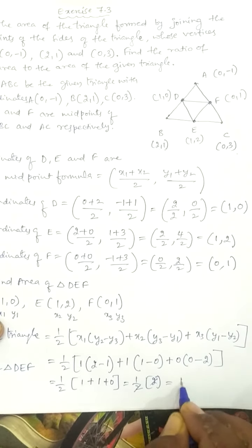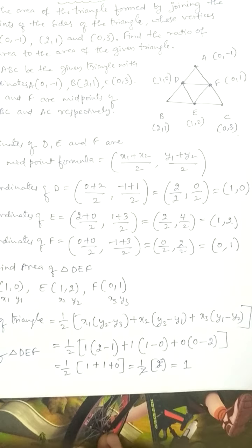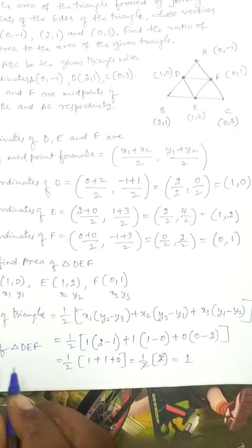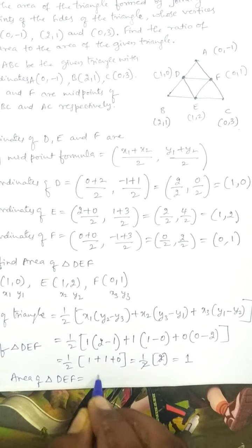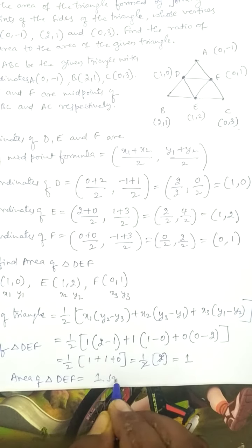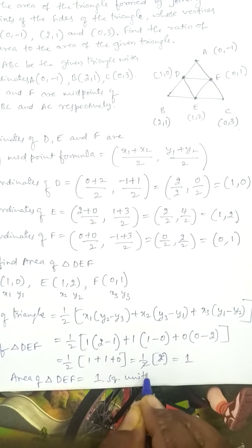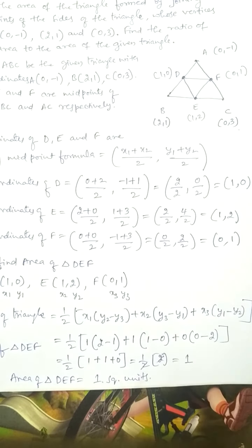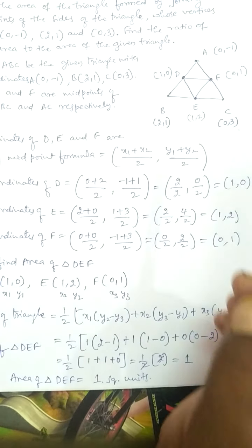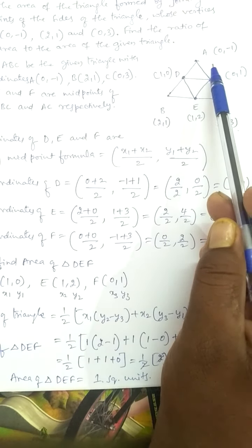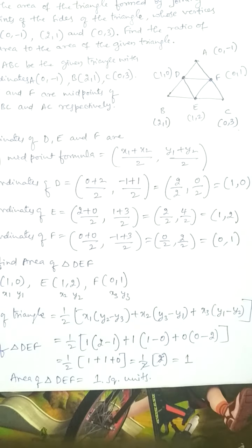So what is remaining? Only 1 is remaining. Therefore area of triangle DEF is equal to 1 square units. So now we got the smaller triangle DEF area. Now we have to find out area of the bigger triangle ABC. Then we have to go for the ratio.